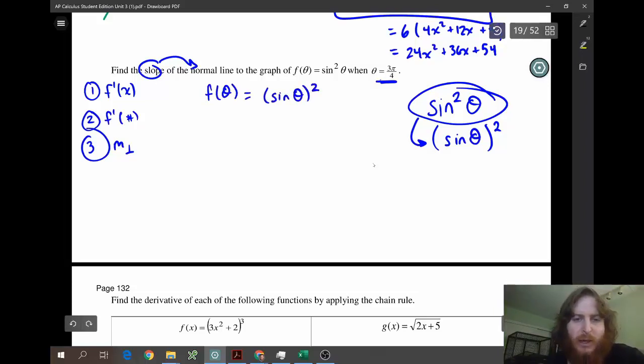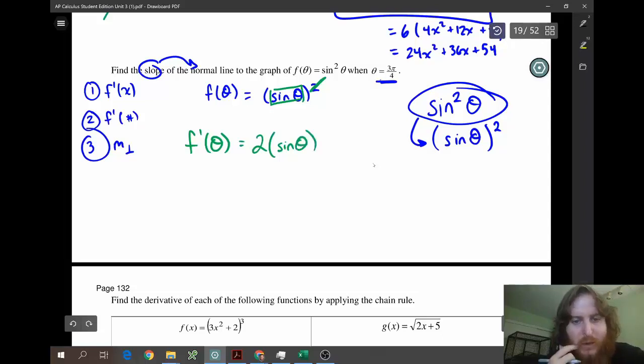So this is what I was saying. We could easily do x squared, but if it's not x squared, if it's anything else, just kind of draw a box around it and think chain rule. Okay, so f prime of theta, what do we do on chain rule? We do our outside. What would be the derivative of box squared? What would be the derivative of something squared? It would be 2 times my box, right? Like the derivative of x squared would be 2x.